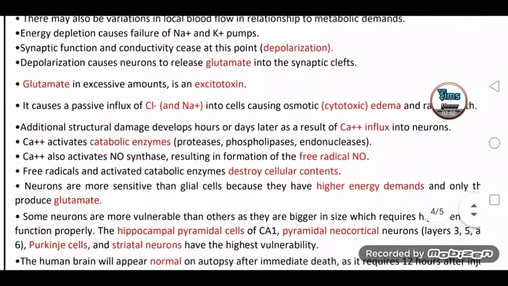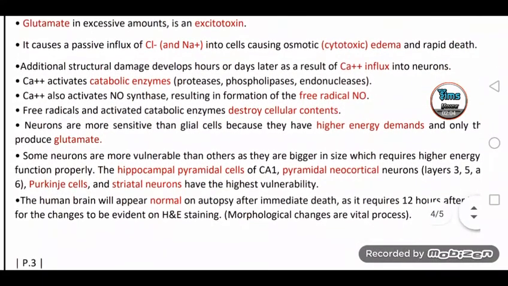Additional structural damage develops hours or days later as a result of calcium influx into neurons. So we will not just have chloride and sodium influx, we will also have calcium influx following the injury, hours to days after the injury, which will cause structural damage.